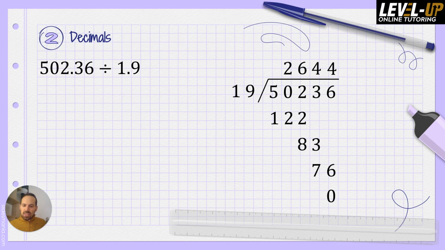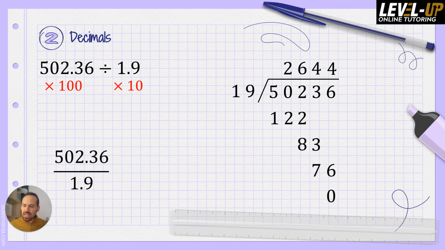But again, you see what we've done here, we've essentially multiplied that 502.36 by 100 to get rid of that decimal point, and the 1.9 we've multiplied by 10 to get up to 19. So does that mean the final answer we've got there is 1,000 times bigger than what it should be? No, because we're doing division here. If we take a look at it like a fraction, this is what we're doing: 502.36 divided by 1.9, and we've multiplied the top by 100, and we've multiplied the bottom by 10.